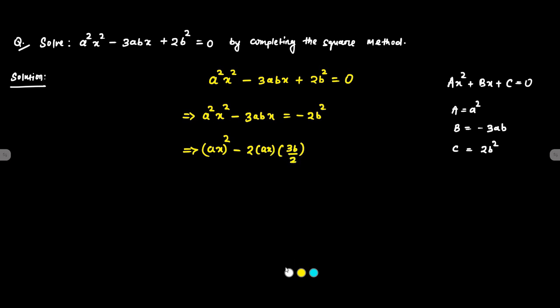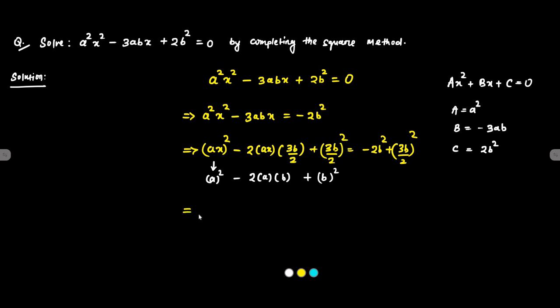So here this is a square, this is minus 2 into a into b, then we have to add plus 3b by 2 whole square on both sides to balance the equation. So it is minus 2b square plus 3b by 2 whole square. Here it is 2ab and this is plus b square.